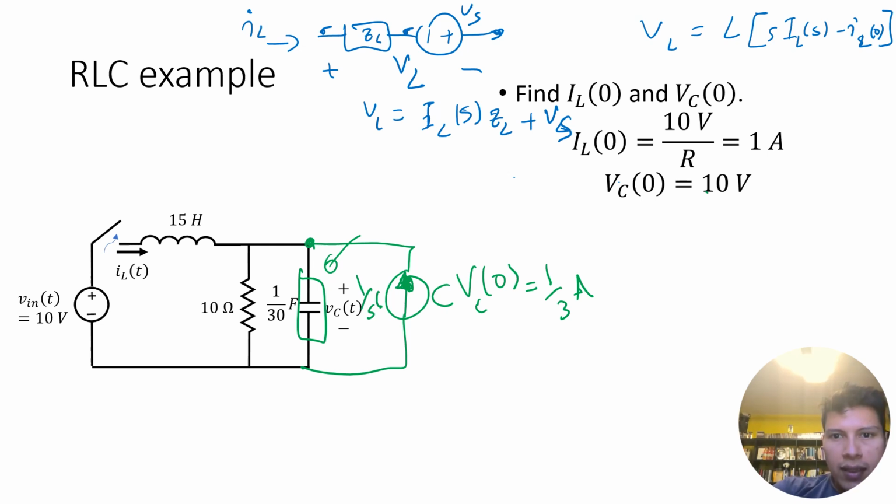And that's the negative terminal, so it should be minus VS, sorry. Okay, so that gives us that VS in this particular case should actually just be L times IL of 0.